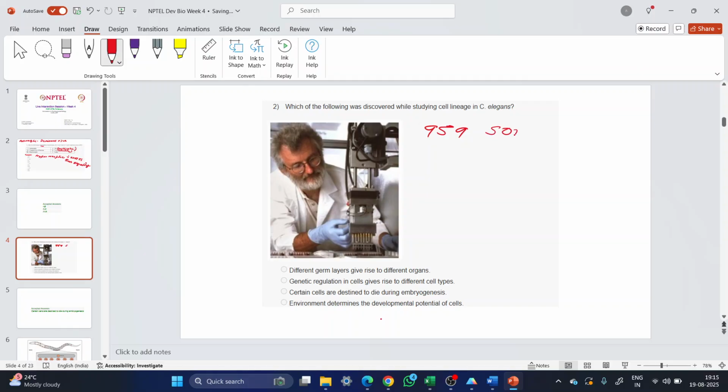And during development, exactly 131 cells undergo programmed cell death in a stereotyped manner. So 131 cells during development undergo programmed cell death, that is apoptosis.